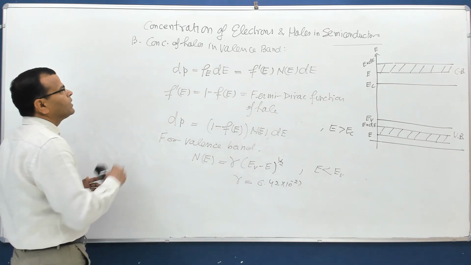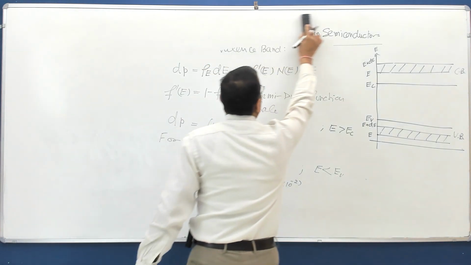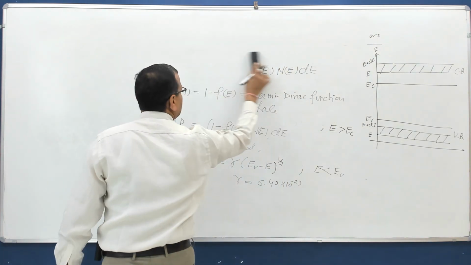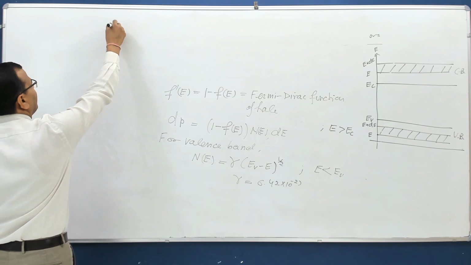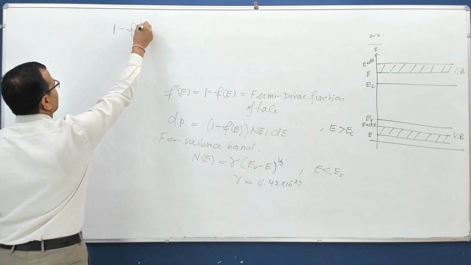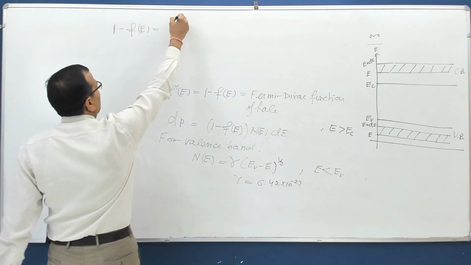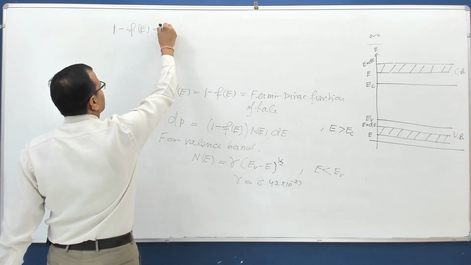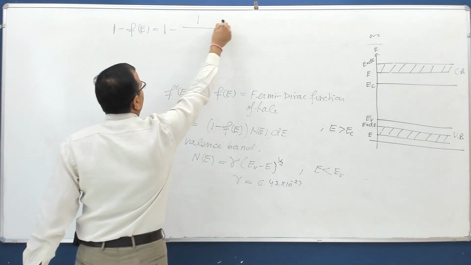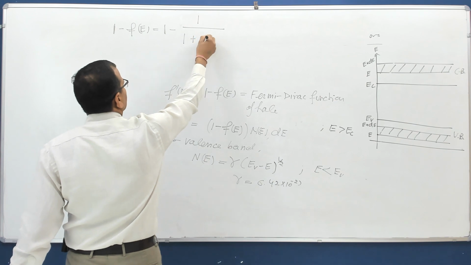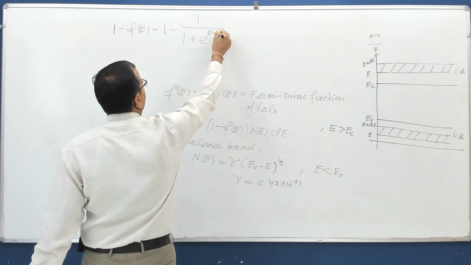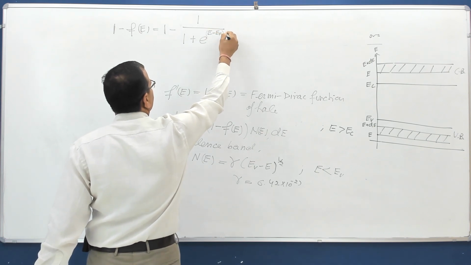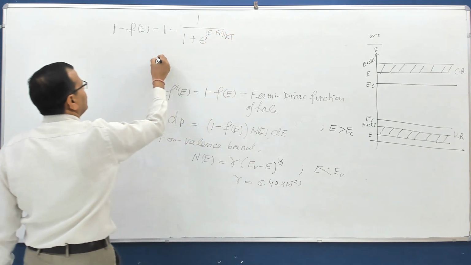Now let us see the Fermi-Dirac function for holes. 1 minus Fe is equal to 1 minus 1 by (1 plus e raised to the power (E minus Ef) by kT), and you can rewrite it.